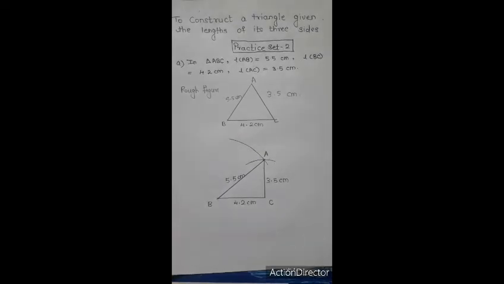In your practice set 2, question number 1, parts B and C you can solve by the same method. Now we will proceed to the next question, number 2 in practice set 2, which we will see in the next video.